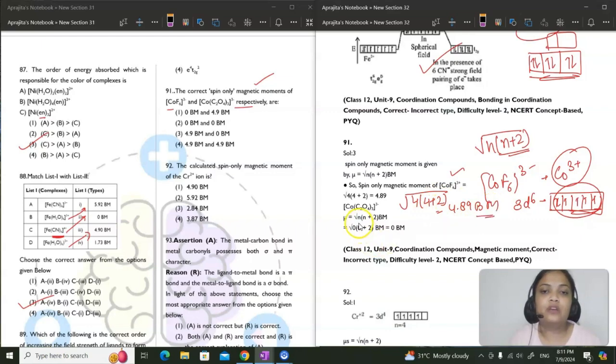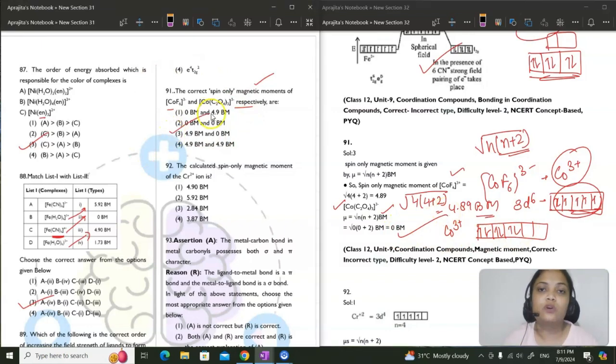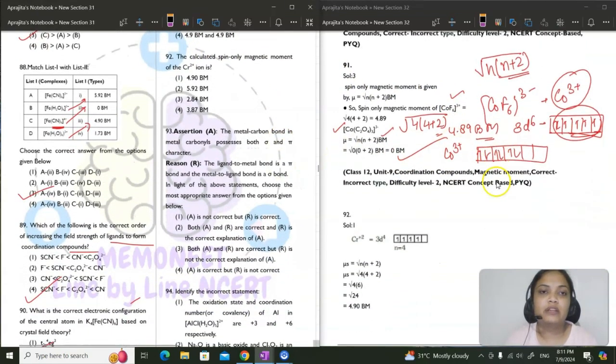Okay. Now in the case of [Co(C2O4)3]3-, here also students, it's Co3+, but again it's a strong field ligand, so pairing would happen, 3d6, and there will be no unpaired electron. If no unpaired electron, it means the magnetic moment is 0. So the answer is option number 3. Question 92.